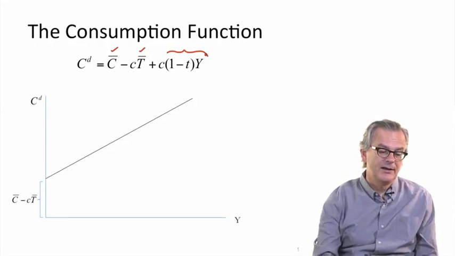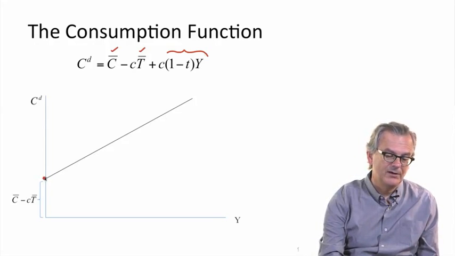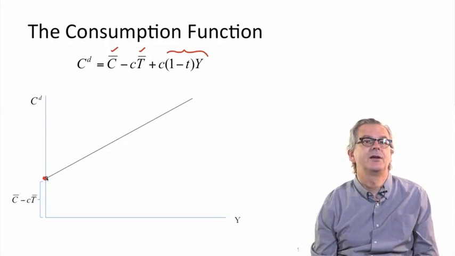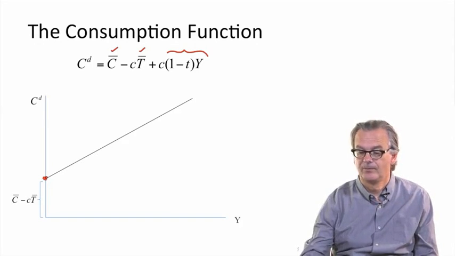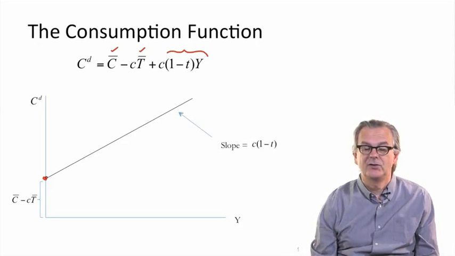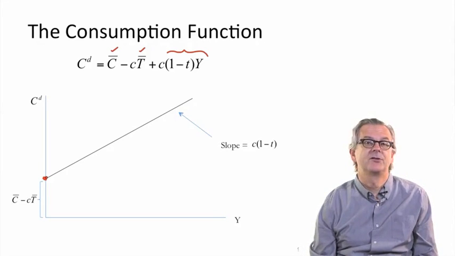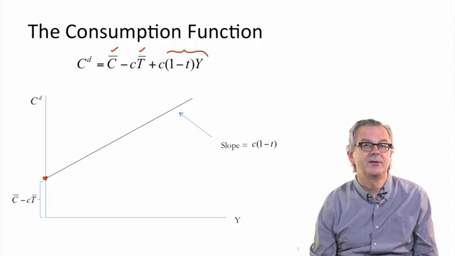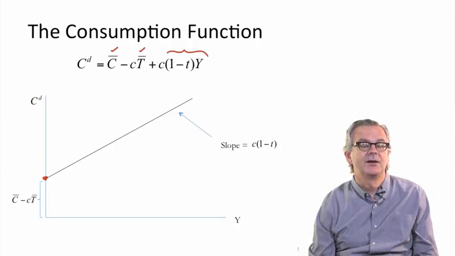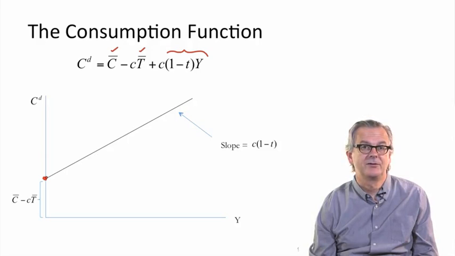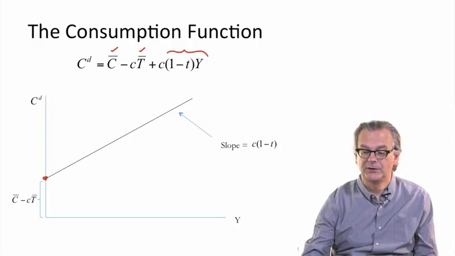The height of that line on the vertical axis, the vertical intercept, will reflect the exogenous consumption as well as the exogenous taxation. And the slope of the consumption function will reflect both the marginal propensity to consume and the tax rate. And should either the marginal propensity to consume or the tax rate change, then the slope of the consumption function will also change.